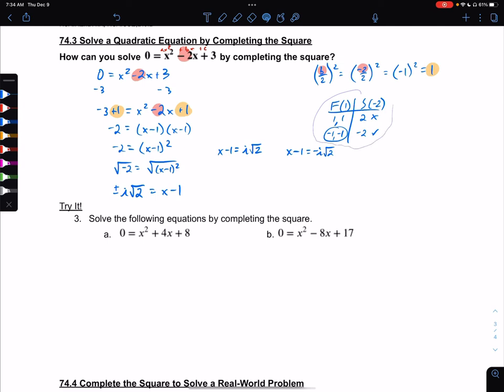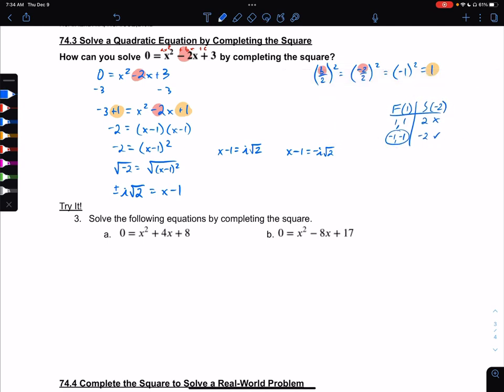Create a little space here. So what we're doing is we're taking this piece here and we're creating 2 equations. So it's x minus 1 is going to equal the positive version of i radical 2, and x minus 1 equals the negative version, -i radical 2. So we would add 1 to each side.